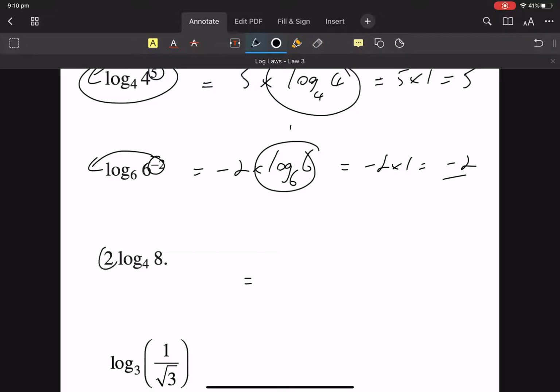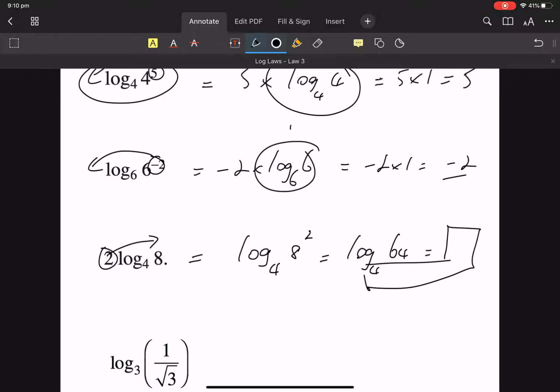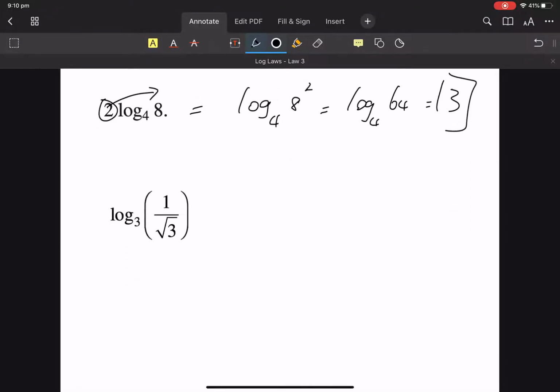But what I can do is take the 2 and put it back up and go, that's the same as log 4 of 8 squared, which is 64. 4 to the what power is 64? 3. 4 4s are 16 and 4 16s are 64. I could not have got the answer 3 through that. So we've got to be able to go both ways.